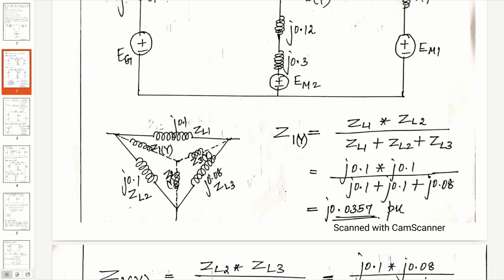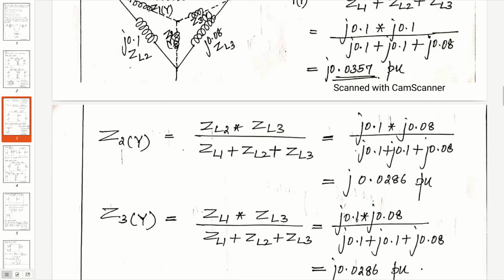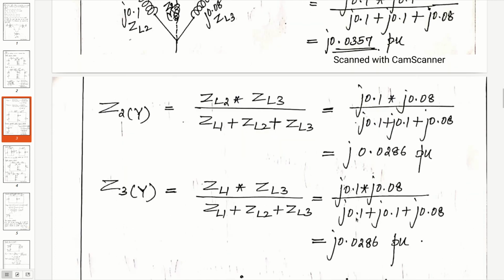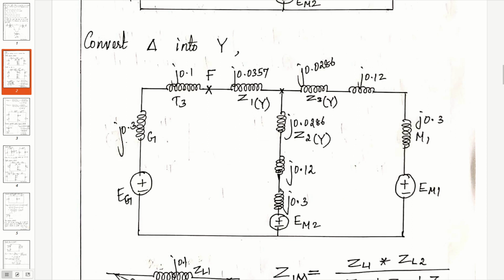We calculate Z1 star as j0.0357 per unit, Z2 star as j0.0286 per unit and Z3 star as j0.0286 per unit. The positive sequence network is redrawn after converting the delta into star.